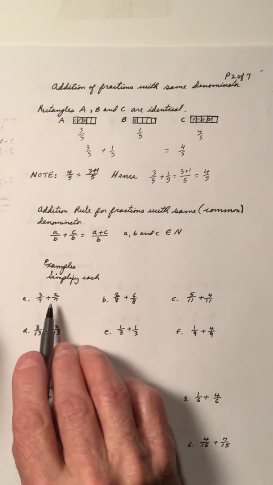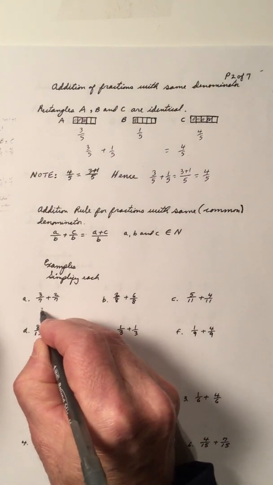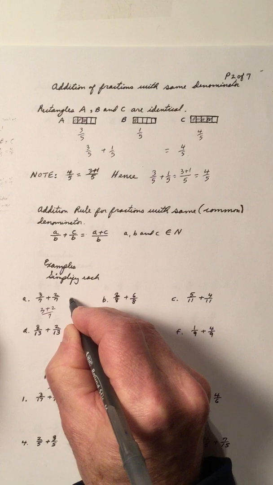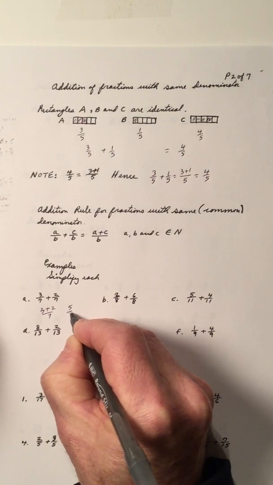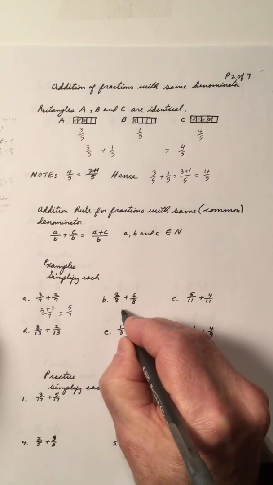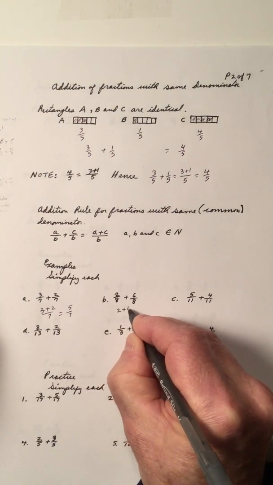3 over 7 plus 2 over 7 is the same as 3 plus 2 over 7, which is 5 over 7. When we add fractions with the same denominators, we add the numerators.